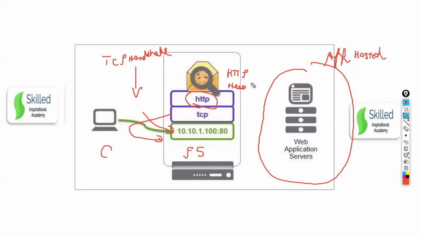I'll show you later on how useful the HTTP profile is, because when we talk about the persistence section, you will understand more on HTTP, like how it will check the headers. Headers are nothing but request and response headers in HTTP. So you can define multiple profiles in your virtual server.